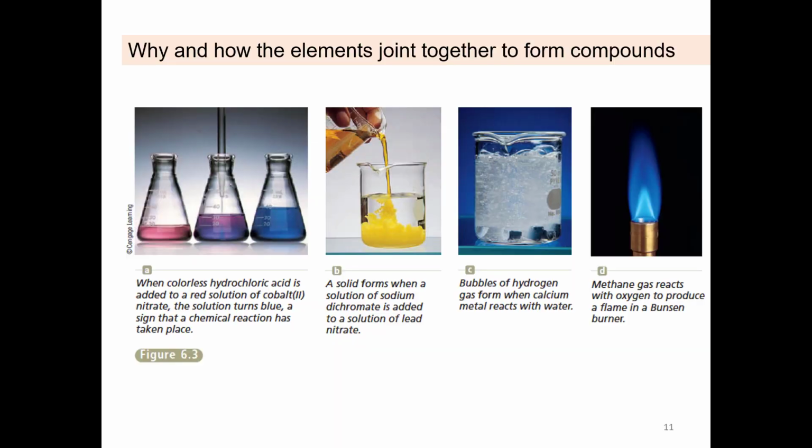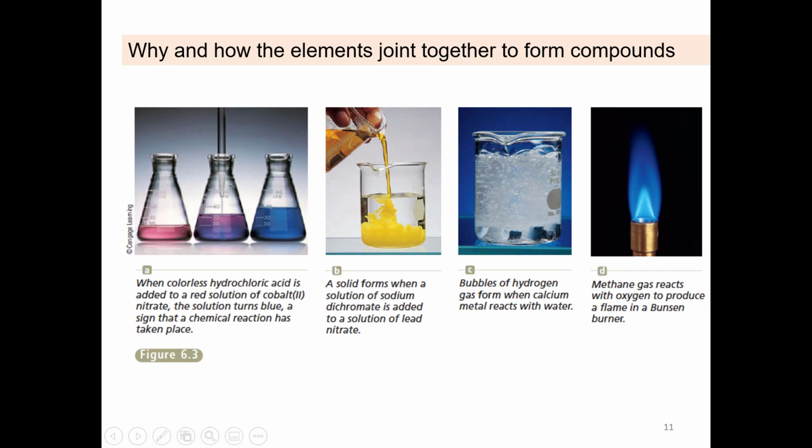In this case, we had the colorless hydrochloric acid added to the red solution of cobalt nitrate. And then we can see the solution turns blue. Then there is change in color. This is an indication that the chemical reaction has taken place.